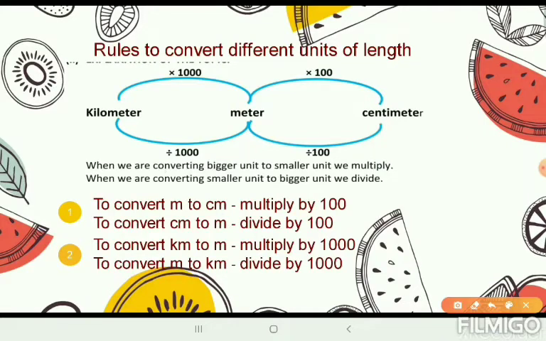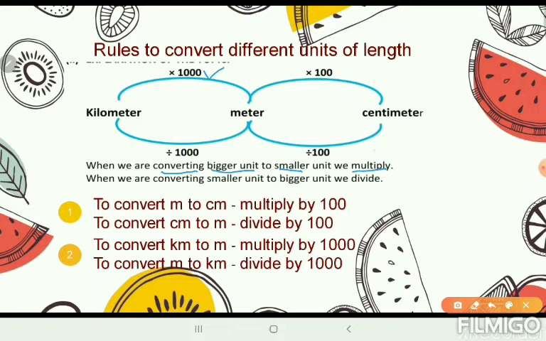So there is a basic rule that whenever we want to convert a bigger unit to a smaller unit, we multiply. Like in this case, we know the relation between kilometer and meter is 1000. So kilometer is a bigger unit, and we are going to convert into a smaller unit, so we multiply by 1000.